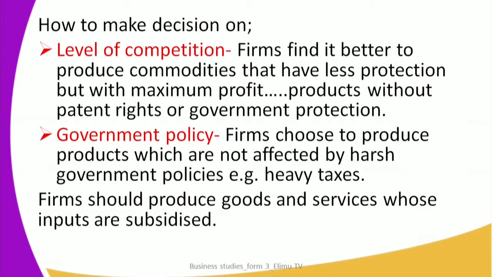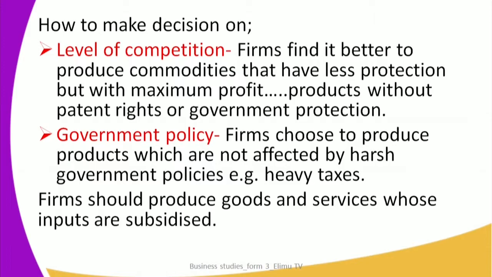Question number 2, you are supposed to explain how a farm is supposed to make a decision on economic factors, government policy, and the level of competition, that is, when deciding on what good or service to produce.